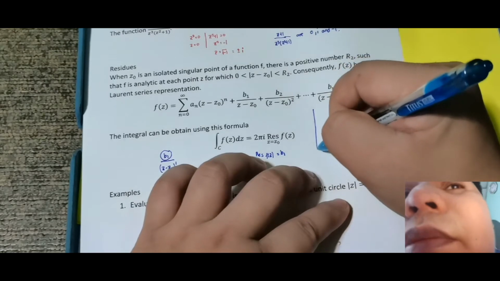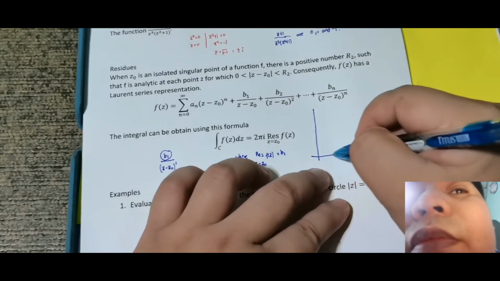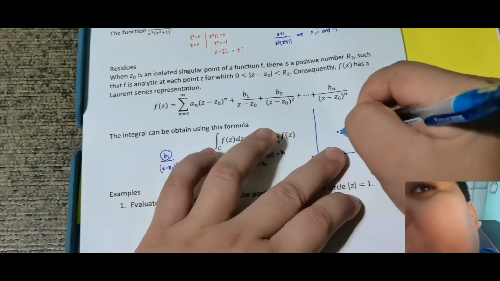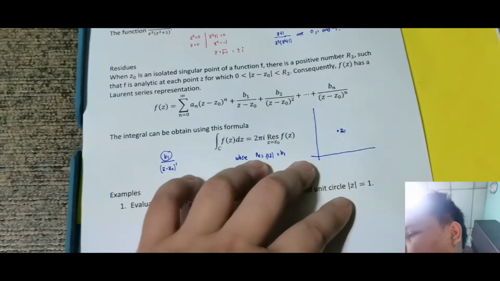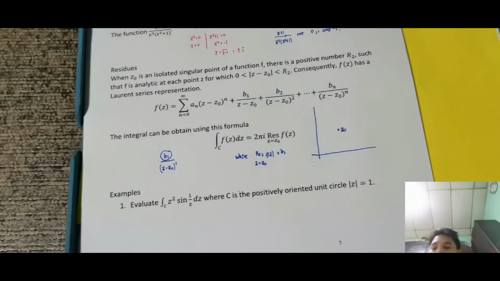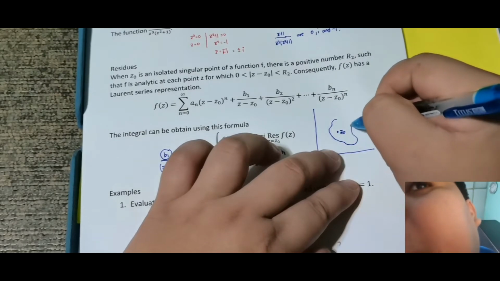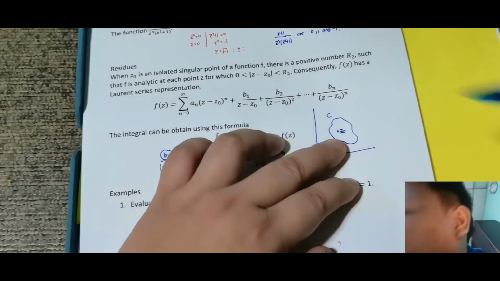Suppose na ito yung ating graph. Okay, so suppose ito yung singular point natin na z naught, tapos napapaligiran siya ng contour, something na contour, itsura ng contour. For example, ito. Okay, so yun yung contour natin.